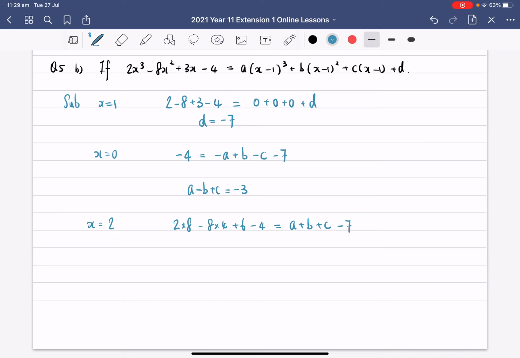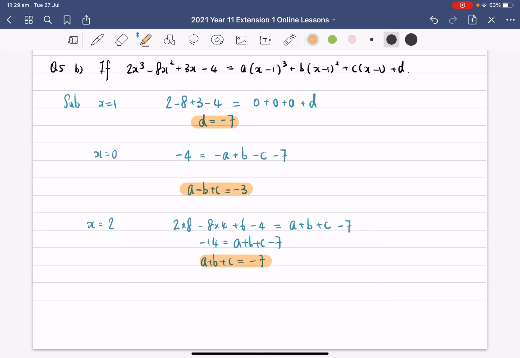So let's do the calculation on the left. So that's minus 14, a plus b plus c minus 7. So a plus b plus c is equal to minus 7. All right, good. So we've got 1, 2, 3.